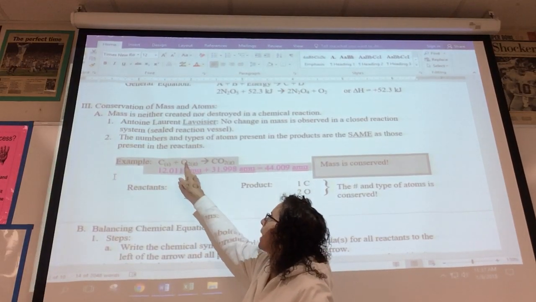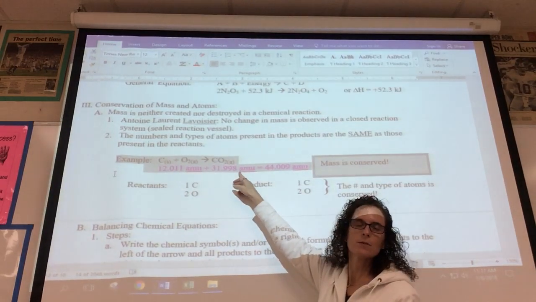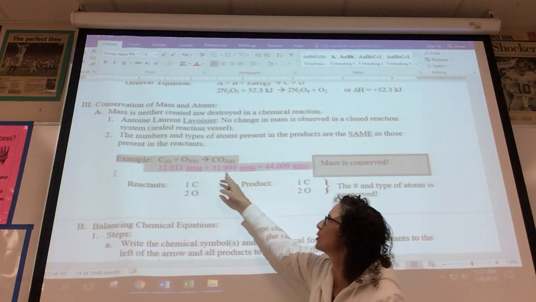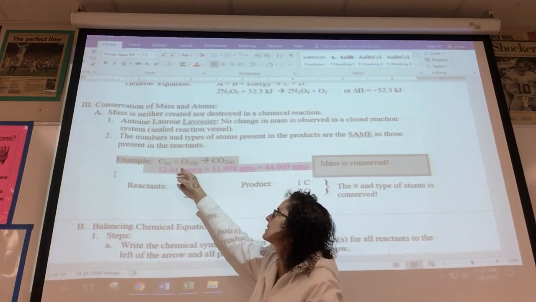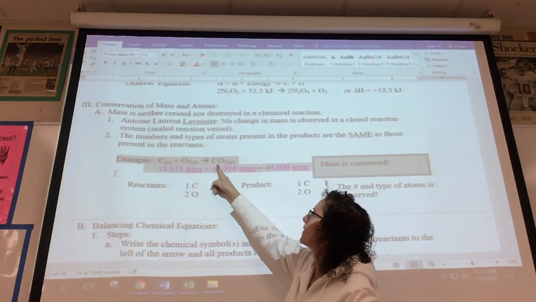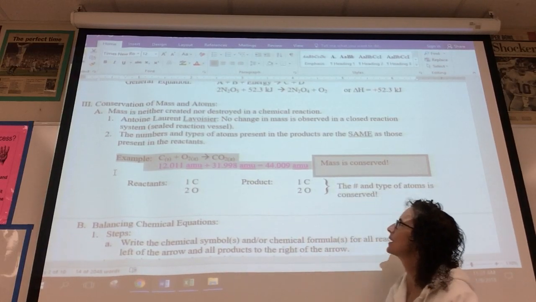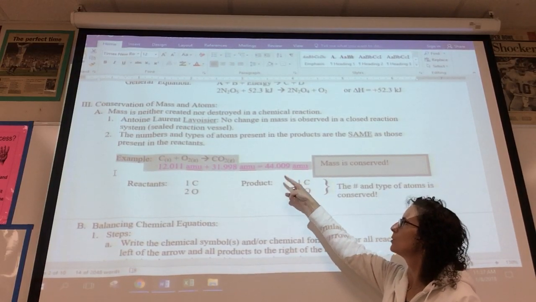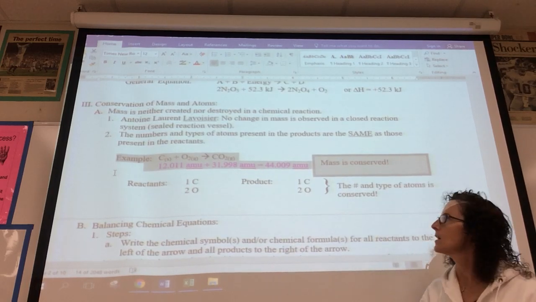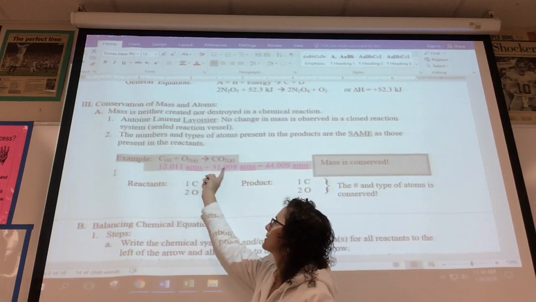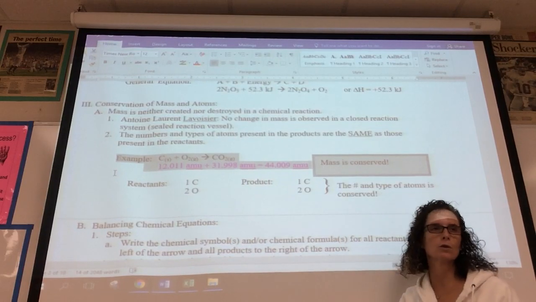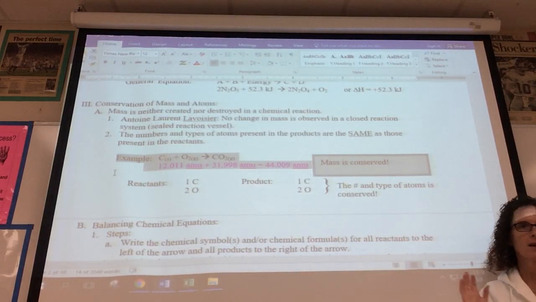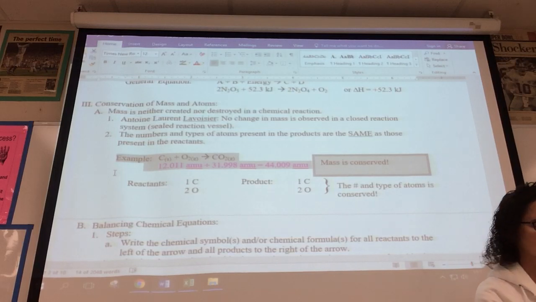We've got 2 oxygen here, so 2 times 15.999 gives you 31.998 AMU for the oxygen gas, the diatomic element, and then 1 carbon and 2 oxygen, and you have a mass of 44.009 AMU for carbon dioxide. The sum of the masses of the reactants is equal to the sum of the masses of the product, so mass is conserved. That you saw back in Chapter 2.